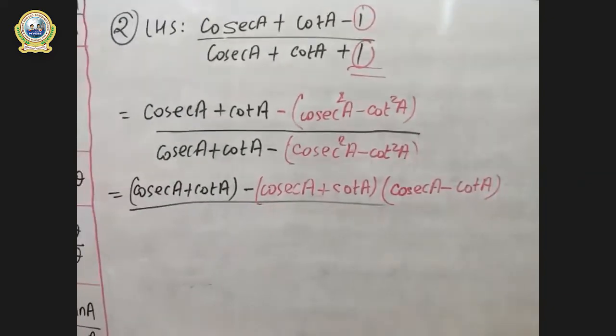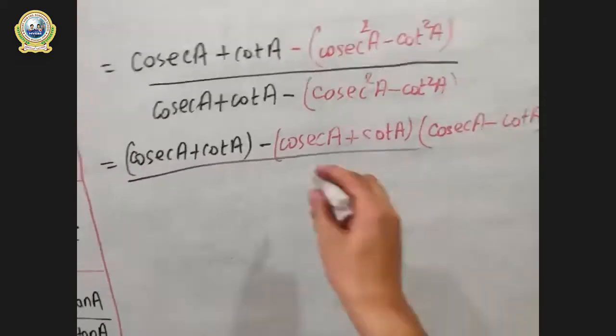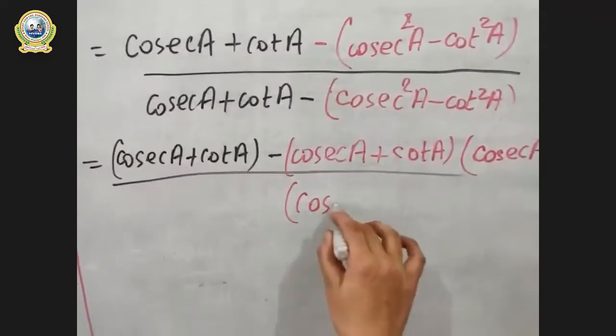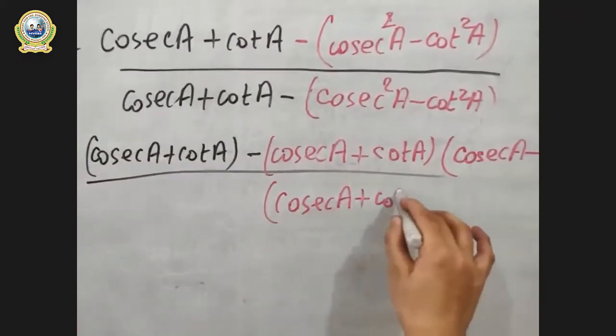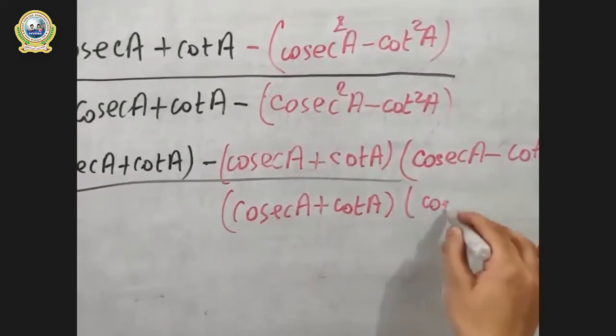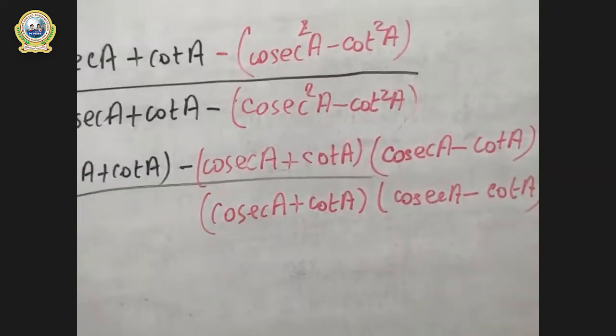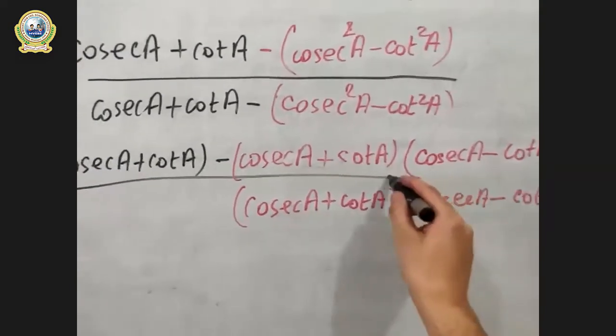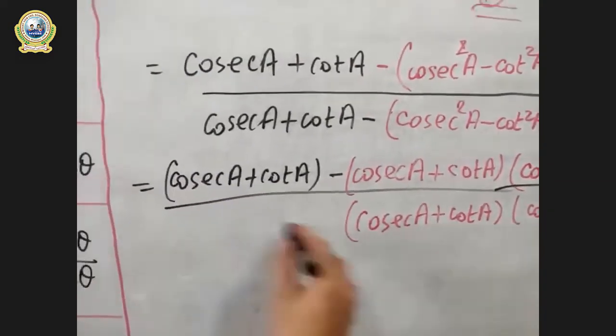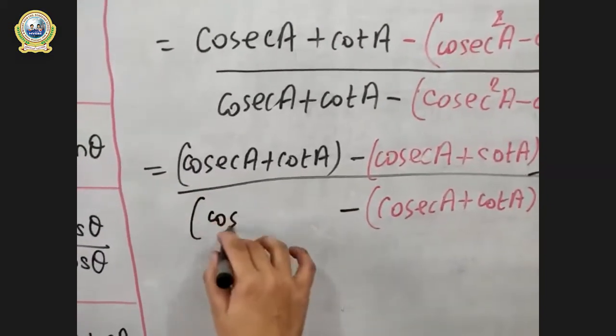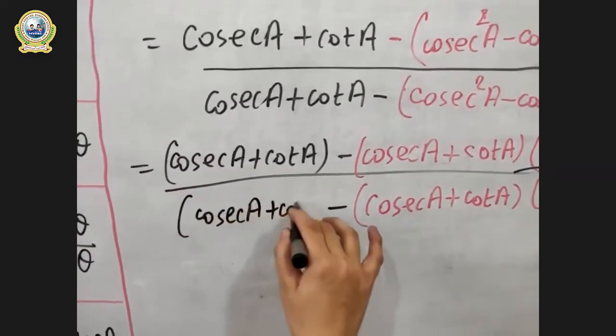Let me write this also in red color: A plus B, A minus B, for A square minus B square. And in the front part we have minus and cosec A plus cot A.